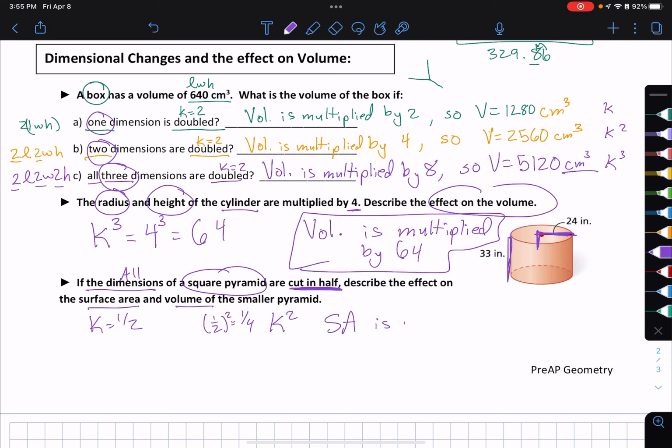So the surface area is multiplied by 1/4. And then for the volume, we need to cube that. 1/2 cubed is 1/8. So volume is multiplied by 1/8.